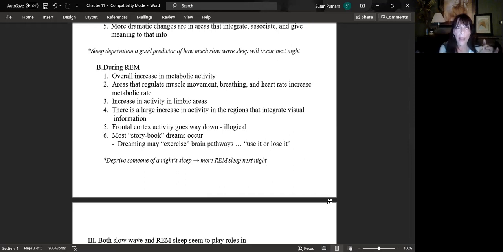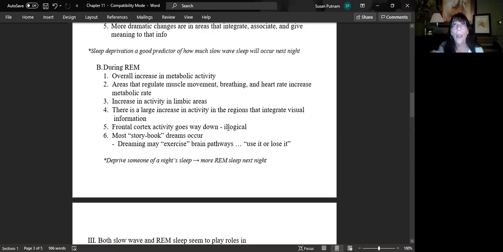Now, if you remember how the waves looked, it should be very logical that overall metabolic activity is increasing during this period of sleep. Areas that regulate muscle movement, breathing, and heart rate increase their metabolic rate. Now, that doesn't mean you're necessarily having more muscle movement.